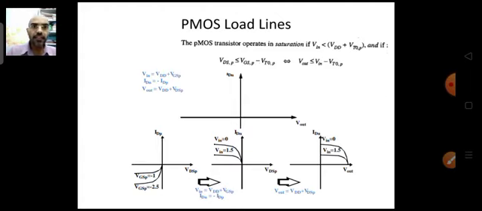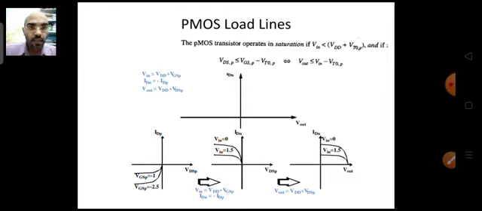And as you know, IDN is equal to minus of IDP. In the first diagram we have plotted your IDP, but now we want IDN to be on the positive x-axis. IDP we had plotted on the positive x-axis, but it will show on the negative side.